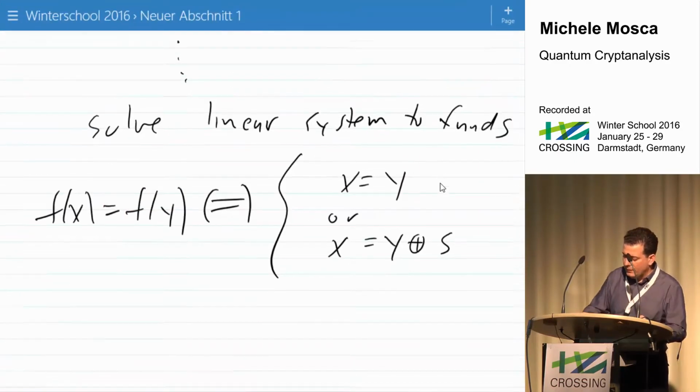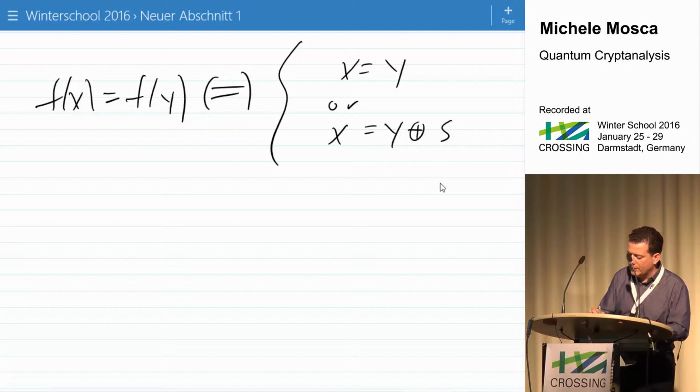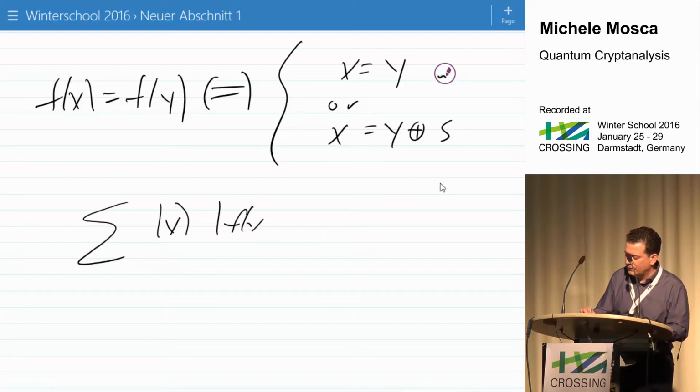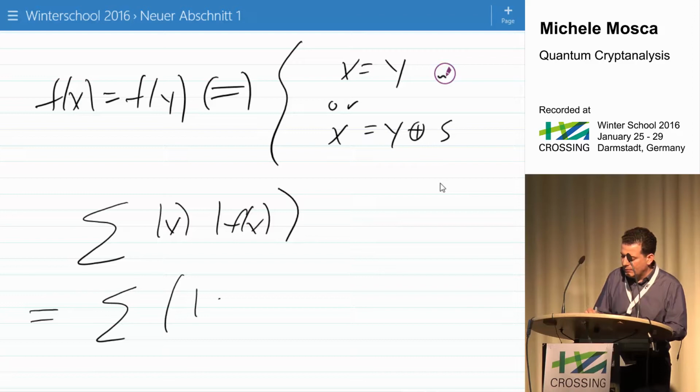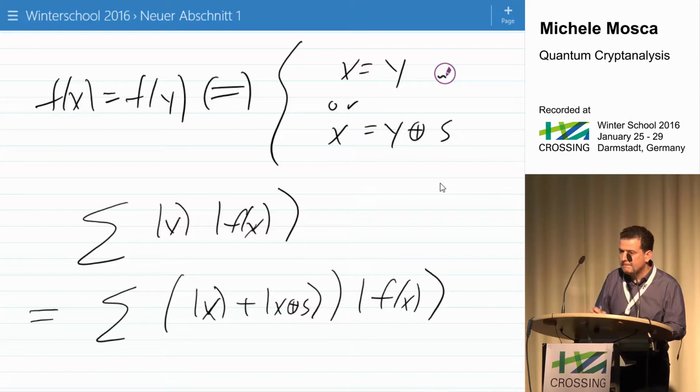The way Simon's algorithm works ultimately is that you create a superposition of all the x's with f of x, and you'll notice that what you end up getting is a sum, for every distinct x, and the first register looks like this.